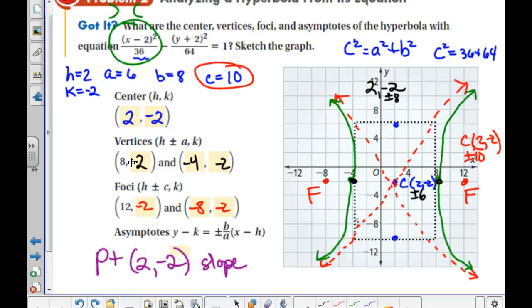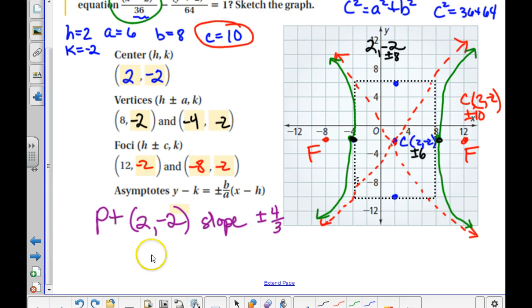That's a horizontal line, right? It should have been y equals 4/3 x. The problem is they don't go through the origin anymore. So we have to use point slope form. This is going up change in y, which is 8, over change in x, which is 6. That's 4/3. So the two asymptotes have slopes of 4/3 and -4/3.